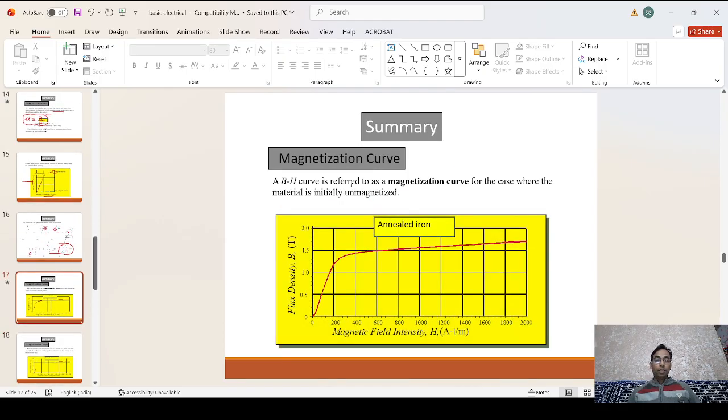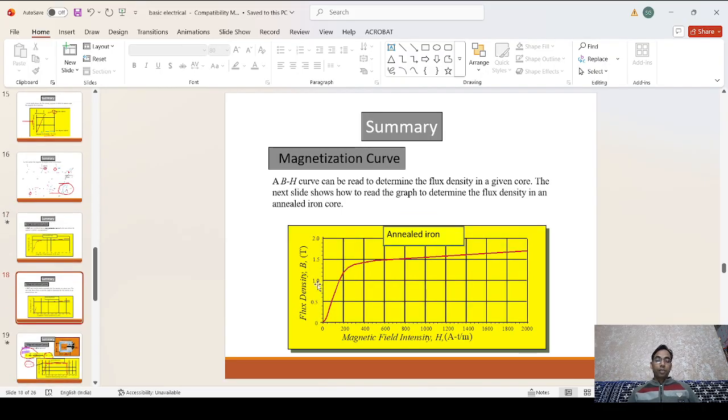For example, this is the BH curve of magnesium material and annealed iron material. These are the different positions of field intensity and of flux density.